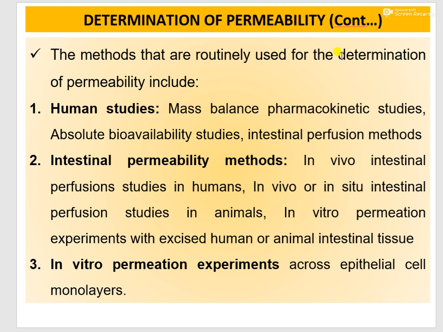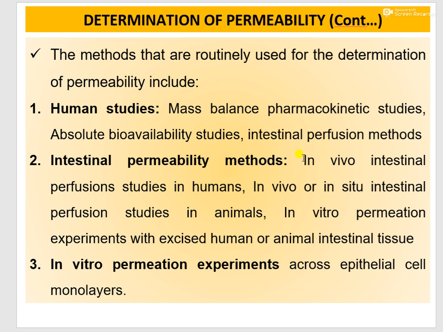The methods which are routinely used for determination of permeability are: number 1, human studies, where mass balance pharmacokinetics, absolute bioavailability studies, or intestinal perfusion methods are used. Second is intestinal permeability methods.